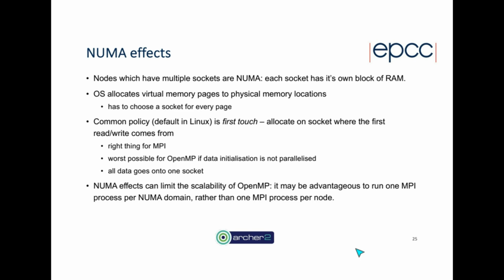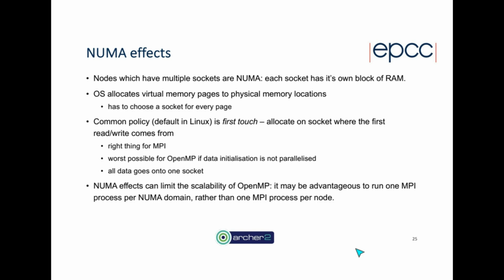So the result of this is typically that NUMA effects will limit the scalability of OpenMP. So it's very common that it's advantageous to run at least one MPI process per NUMA domain rather than one MPI process per node.